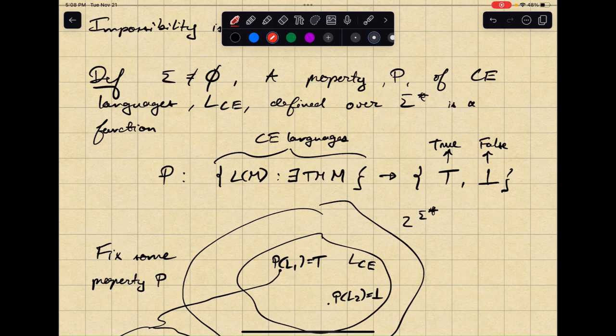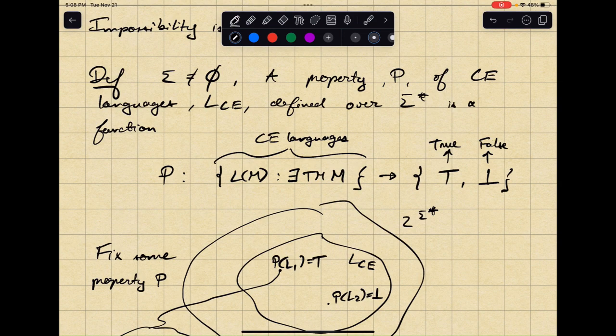Okay, so I'd just like to make a quick clarification note about the notation I was using during the lecture of Rice's theorem. So remember, during that lecture, we were discussing properties of CE languages.